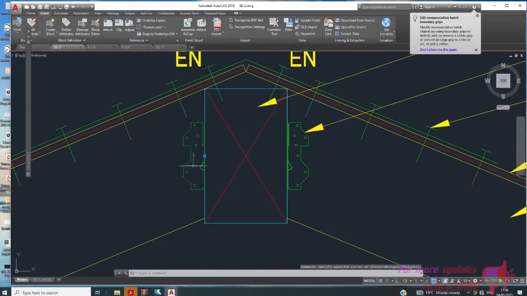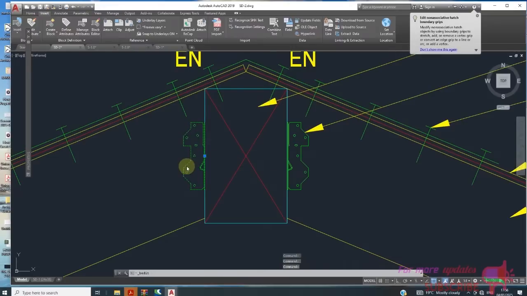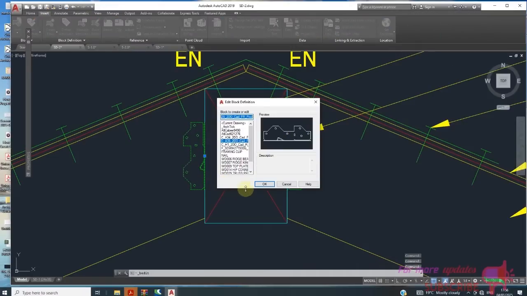And see that detail. So all these are blocks. Okay.